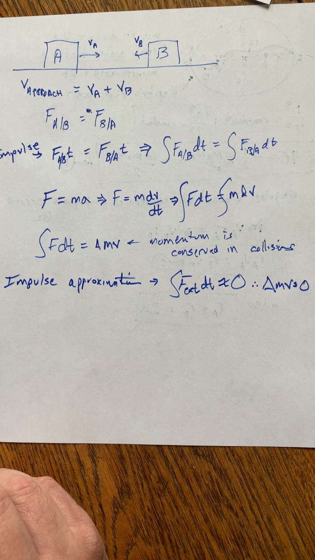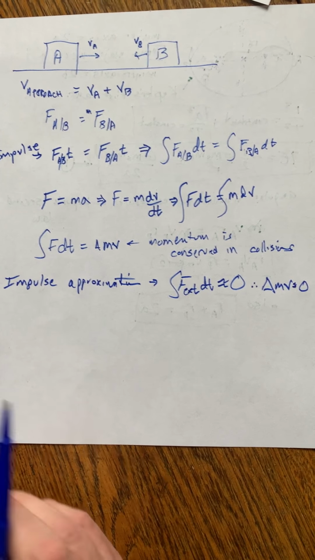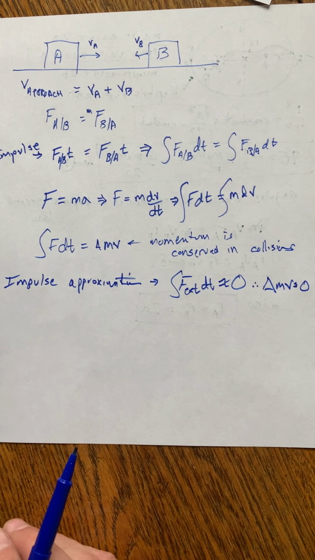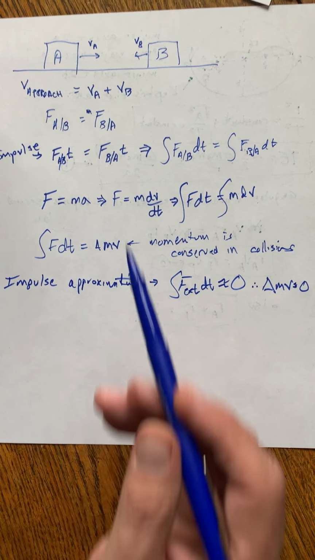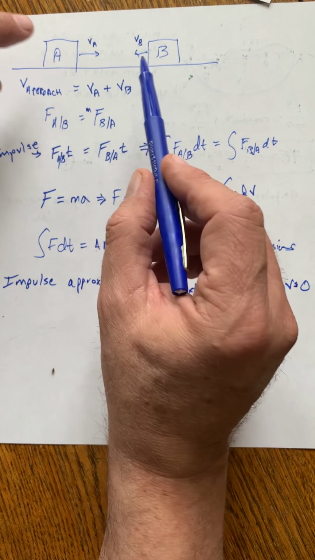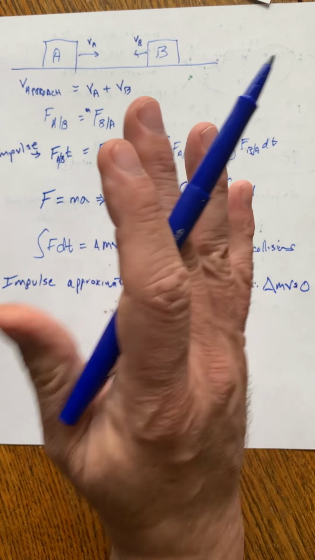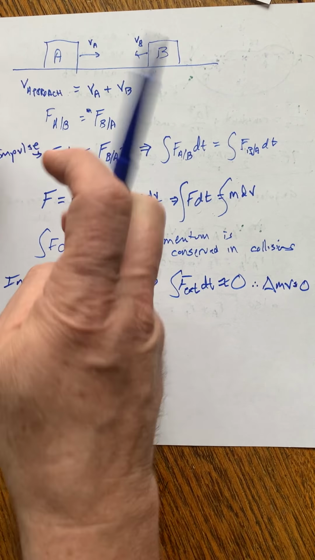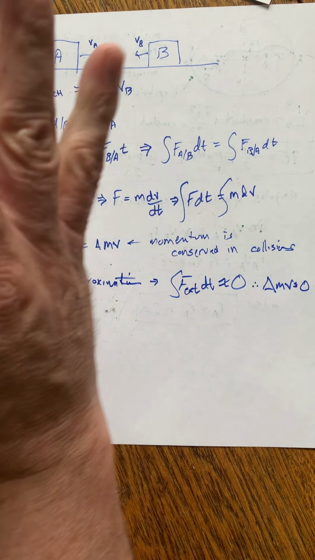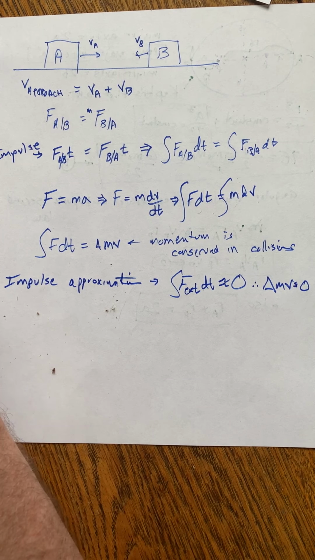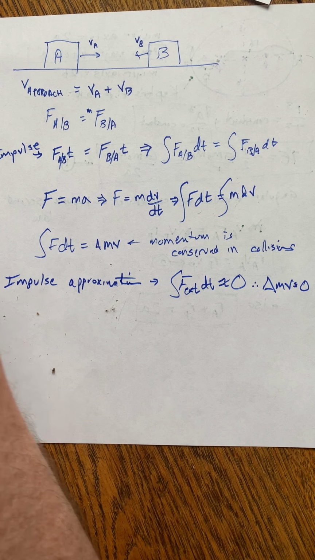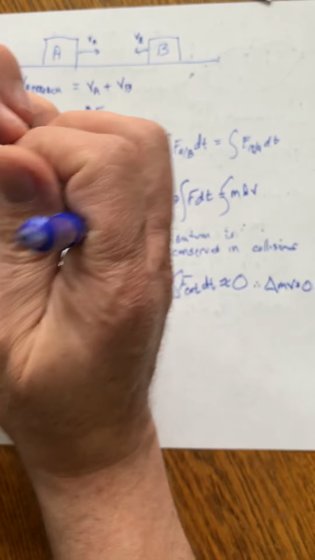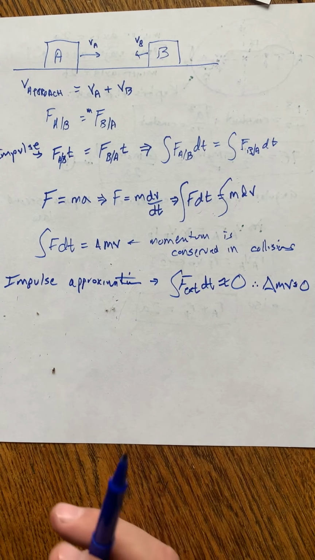Okay? So we move on from there and we look at what determines the condition of the blocks after the collision. As these two things push on each other during the collision, there's going to be squeezing, deformation of the surfaces between them. They're going to be squeezed together. That's going to take some energy. And then what determines the collision is how much of that energy comes back out from the squeezing.